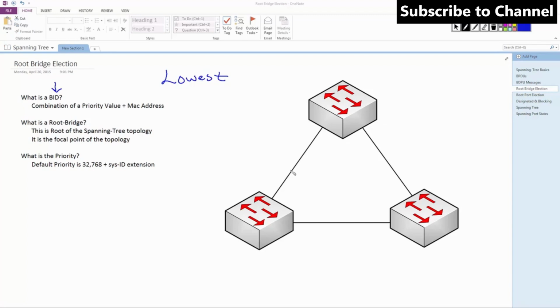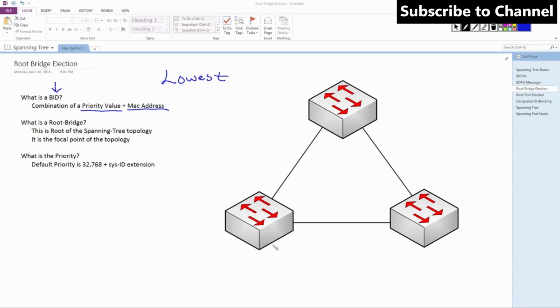What is a BID? The BID is what we call a bridge ID. And that bridge ID is a combination of what we call priority, which is just a value, and a MAC address. We combine these two together.